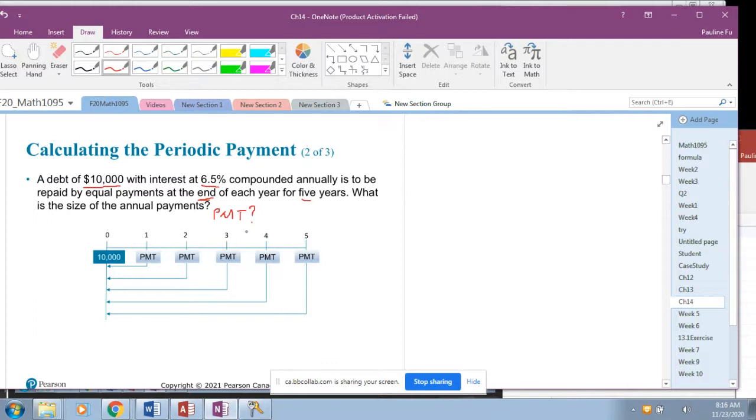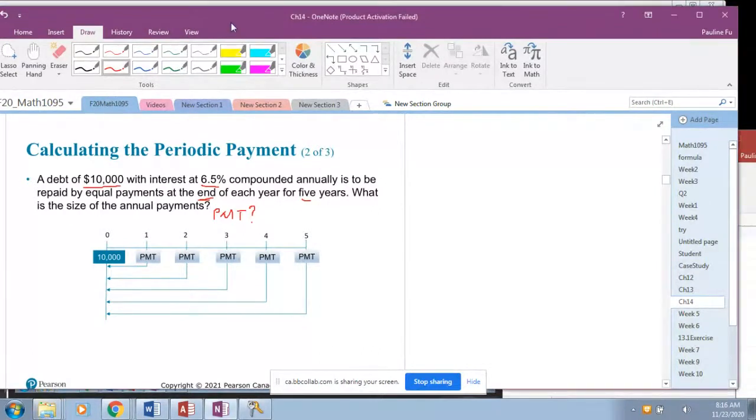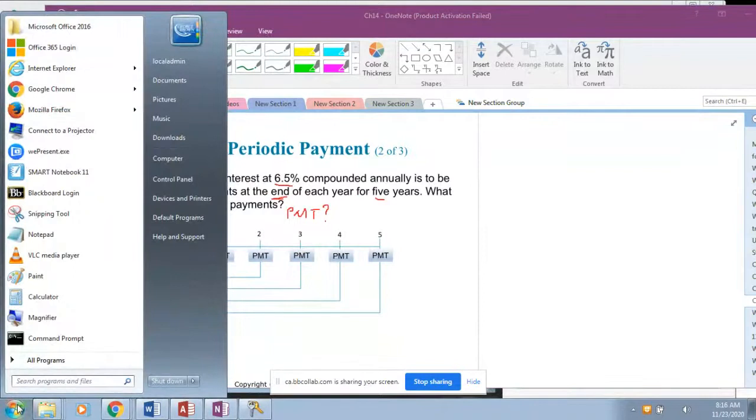So now we can use a calculator. I'm going to pull out my calculator. Try to find my calculator. Where is my calculator?